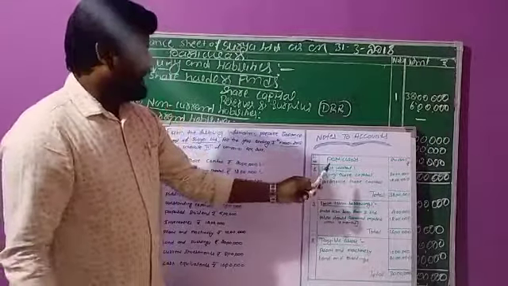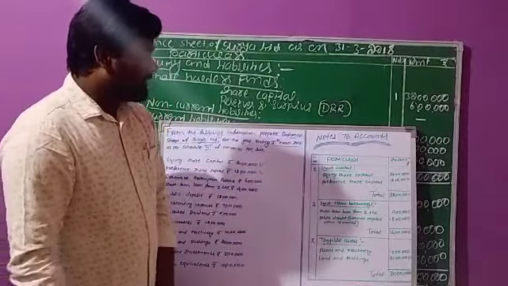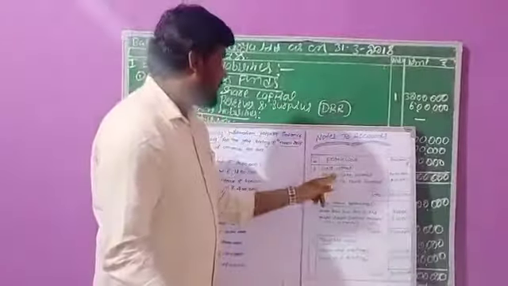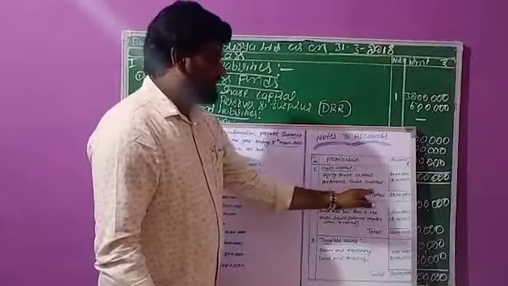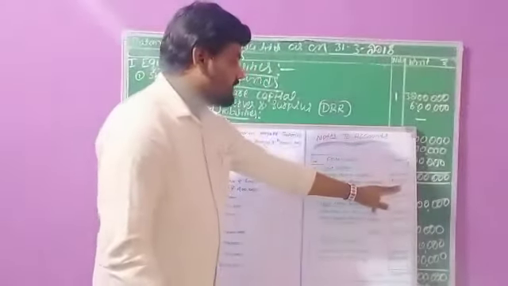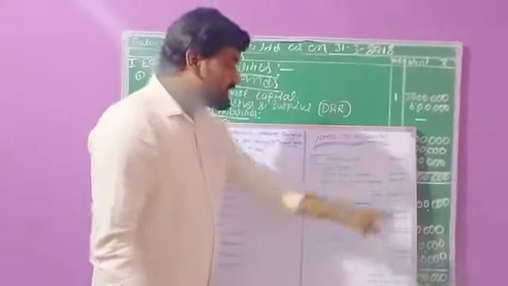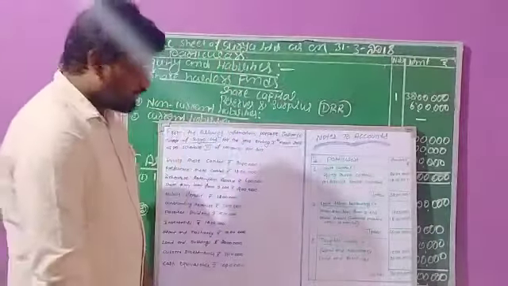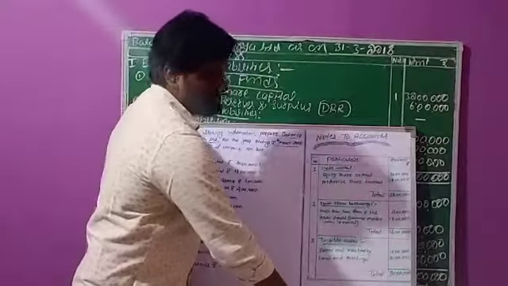Now we need to find the value of total share capital. For estimating total share capital, we need to add both the capitals, equity share capital as well as preference share capital. Total 20 lakhs plus total 12 lakhs, total 32 lakhs. These 32 lakhs we can call the total share capital in the business organization.